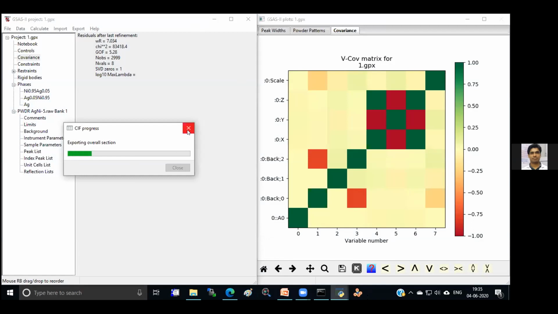Usually it doesn't take so much time. It is a quick process, a 2 second process.